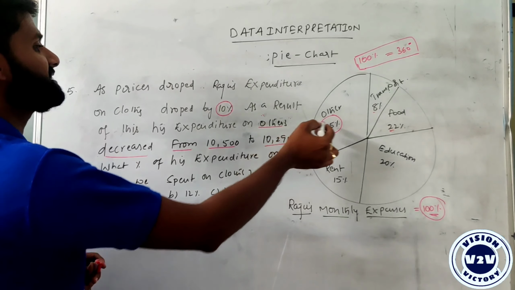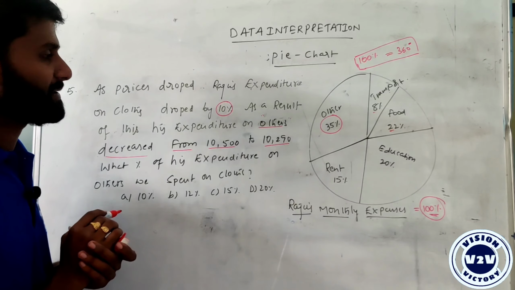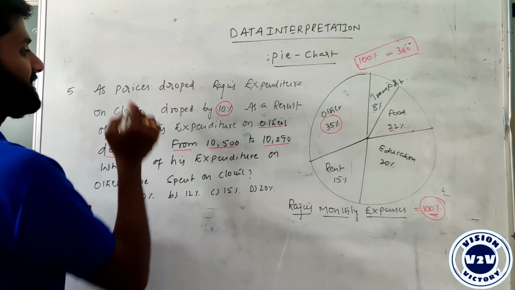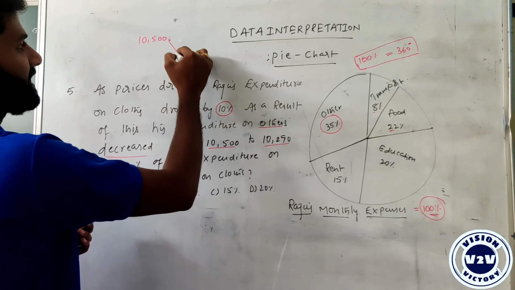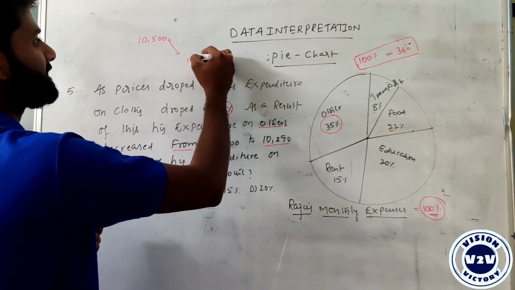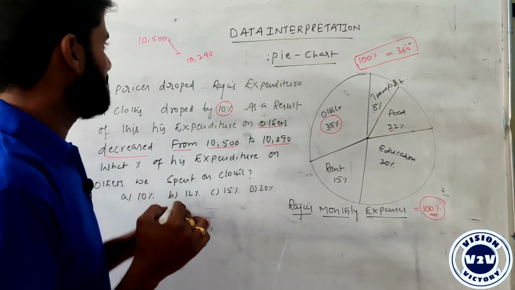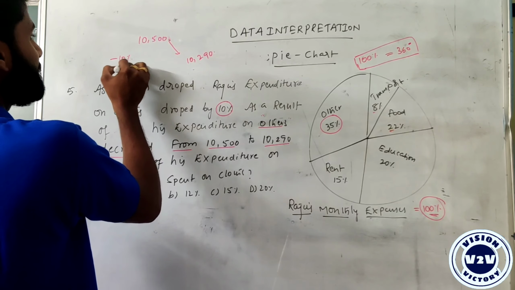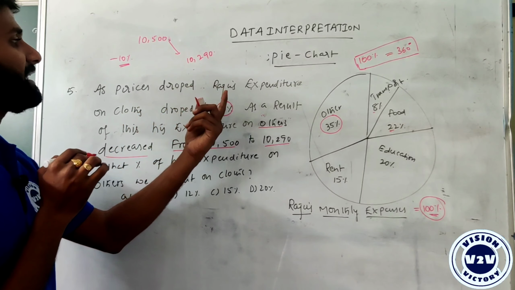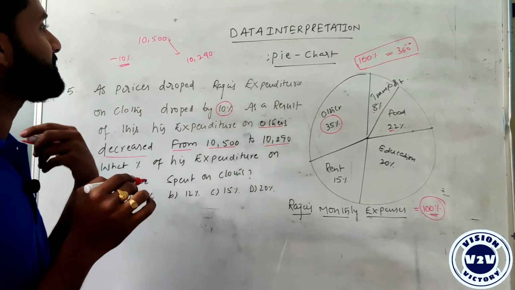See, others is a combination of different expenses. Point number 1: he said that initially we have 10,500. The price dropped, and it becomes 10,290 because of the 10% reduction of price in the clothes.